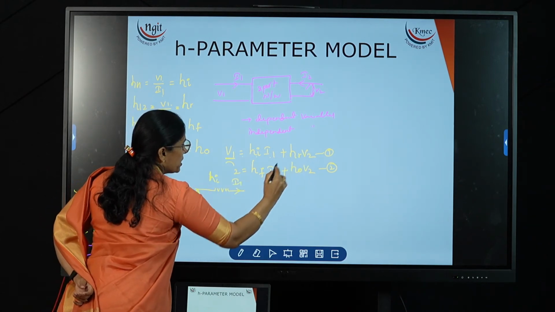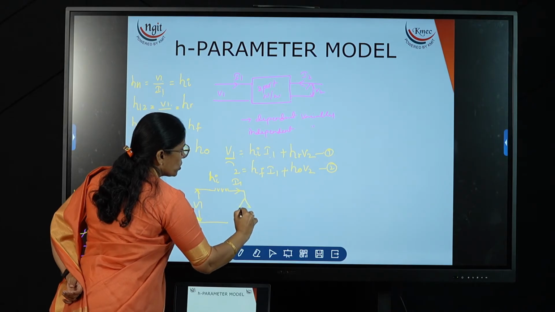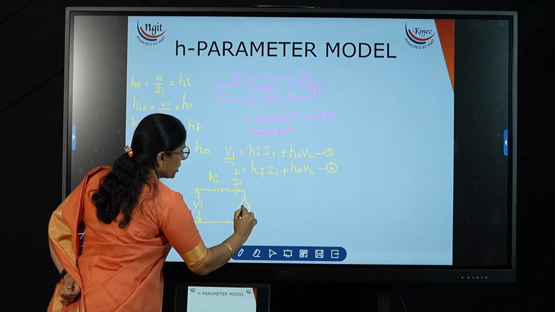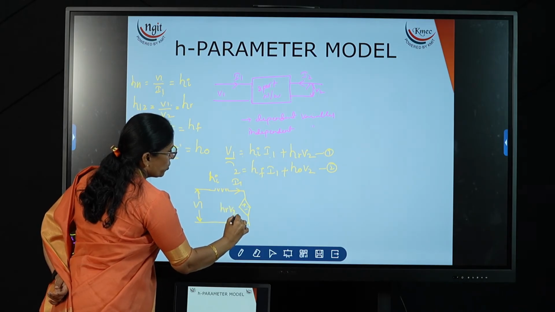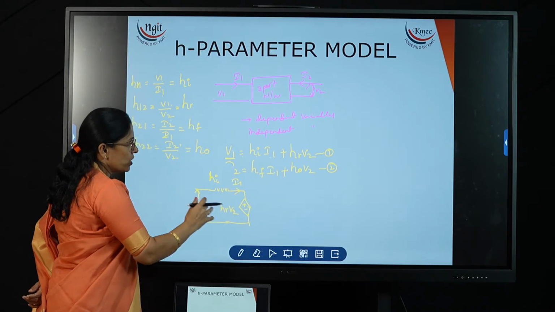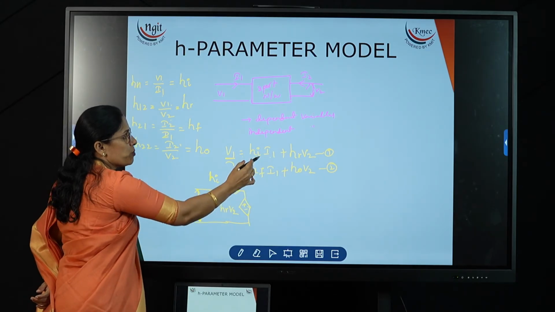The second one is a dependent voltage source, represented as HR V2, where V2 is the output voltage. So this is the diagram for expression 1.